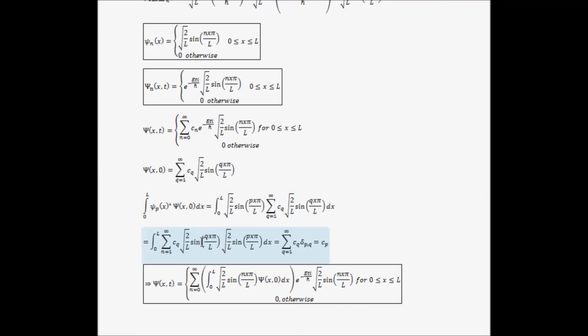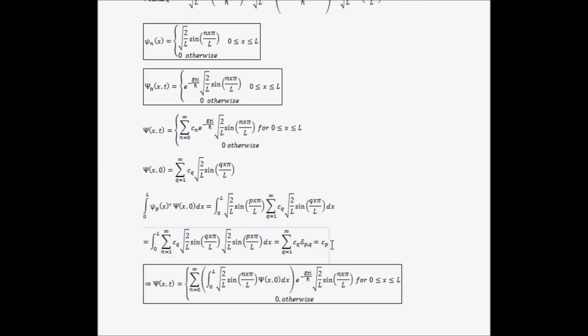So the general solution is: Cp is equal to this thing here. So we said that Cp is equal to this thing times this thing. Okay, so we said that the general solution is equal to Cn times this thing, so this is this bit here, and then this horrible thing is all of Cn.